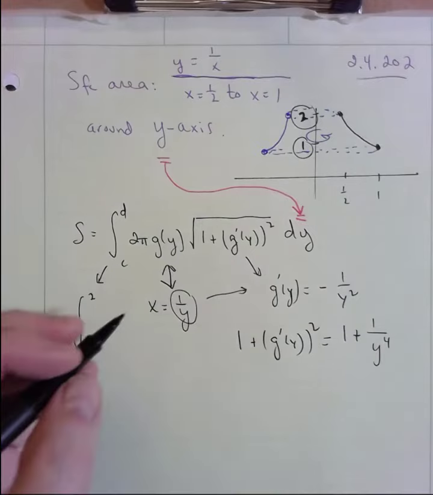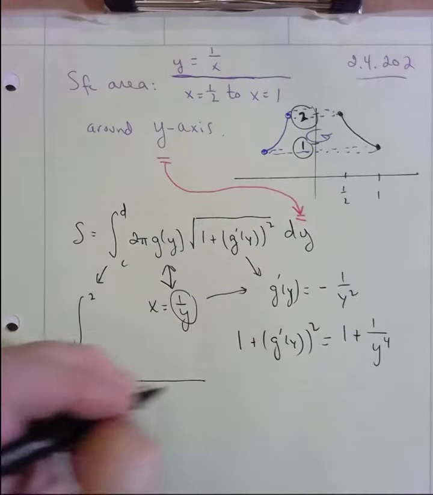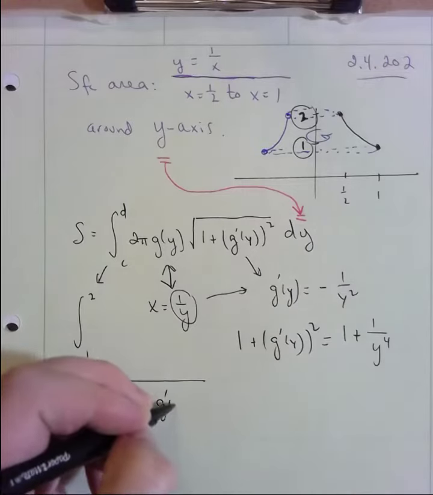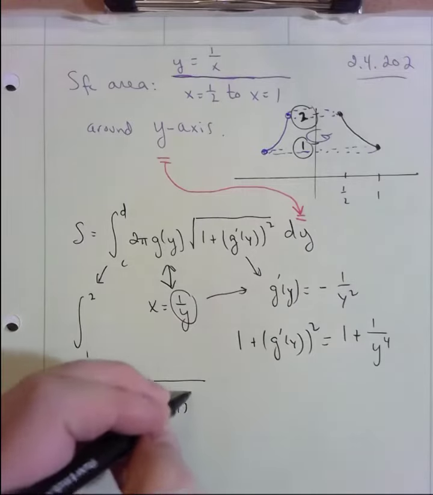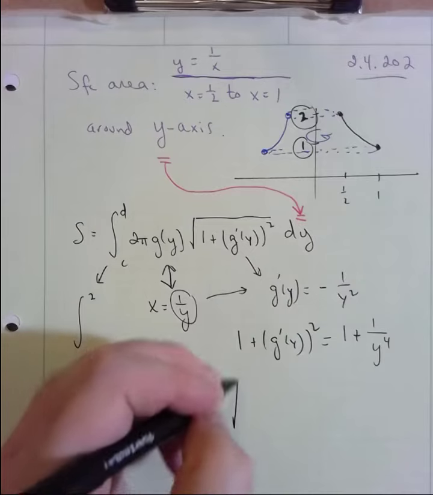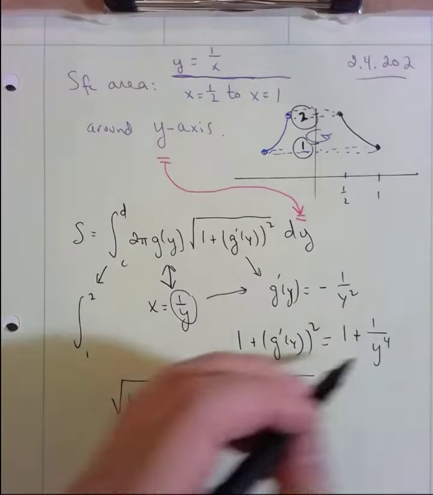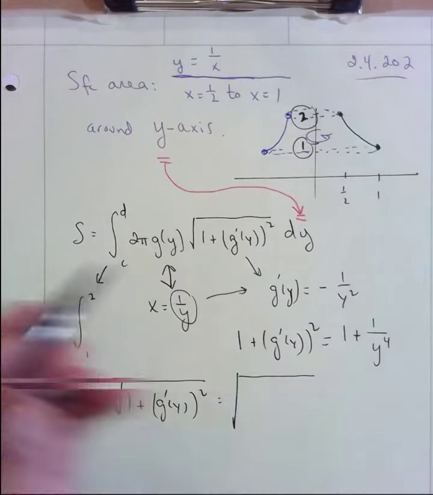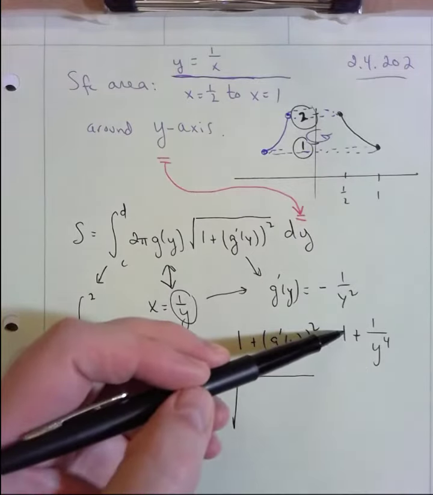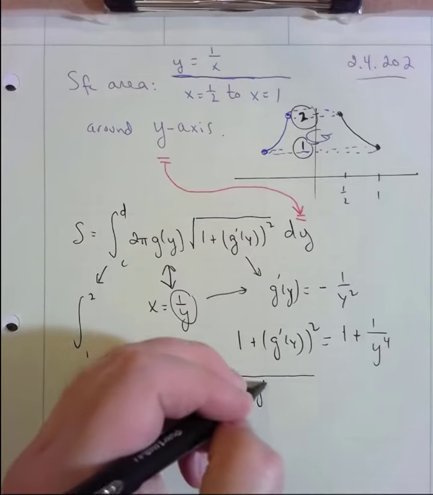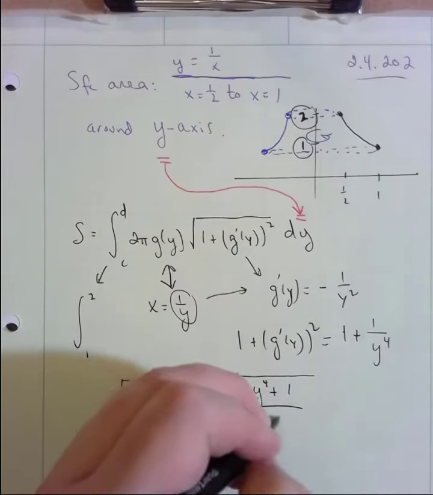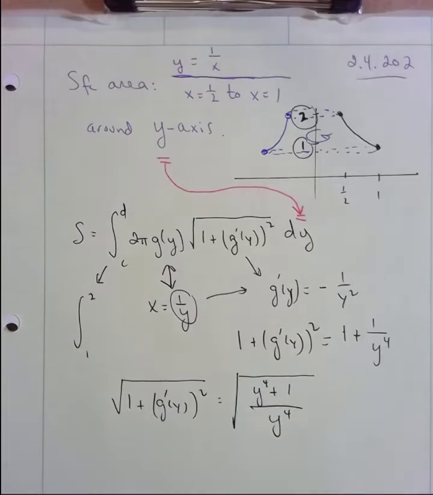Then the square root of 1 plus g prime squared is the square root of this. I'm going to get a common denominator, so this is y to the 4th over y to the 4th, and we can blend this together as y to the 4th plus 1 over y to the 4th.